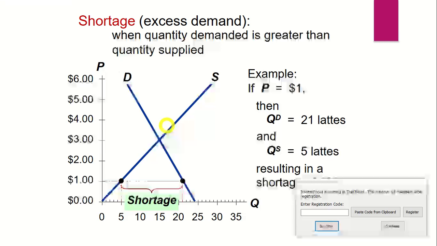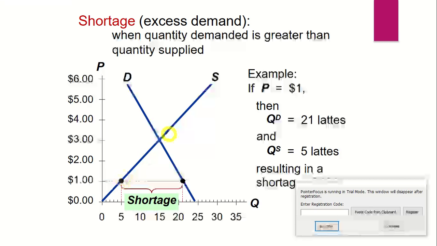That means it's cheap now. Quantity demanded will be 21 lattes at the $1 price. So this is the demand curve and you are demanding 21 lattes at $1.